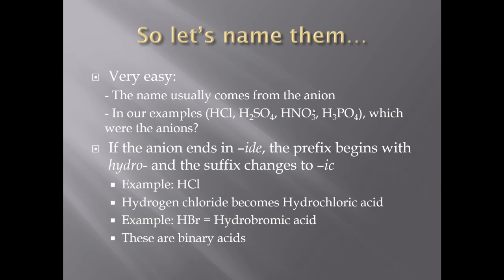The hydrogen in all of these is the cation, which means the anion is the Cl, the SO4, the NO3, and the PO4. When you do ionics, it's always cation, anion, so it's whatever the second portion of the molecule is. So it's really simple.